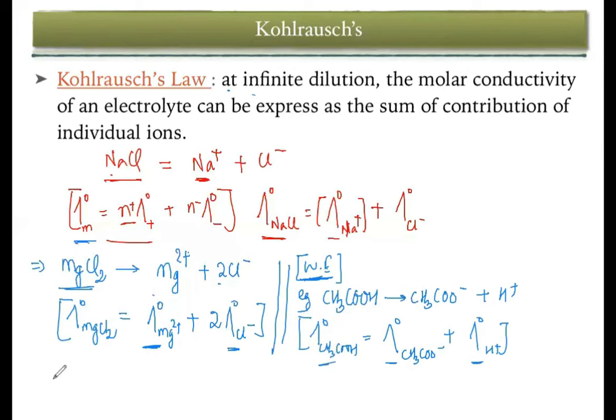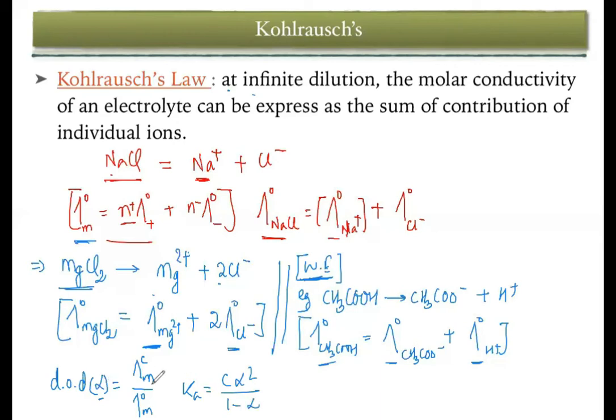Again, we can relate this concept with ionic equilibrium. As we know, the degree of dissociation, that is alpha, is expressed as lambda m at some concentration C divided by lambda m at infinite dilution. And we already know that Ka is equal to C alpha square by 1 minus alpha.